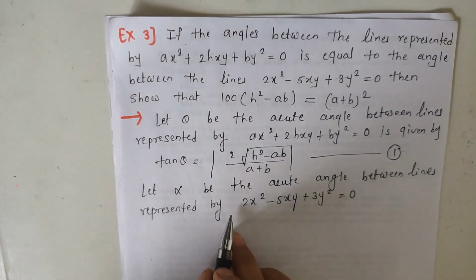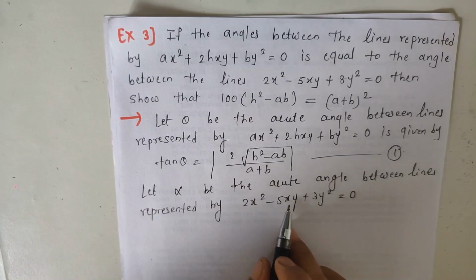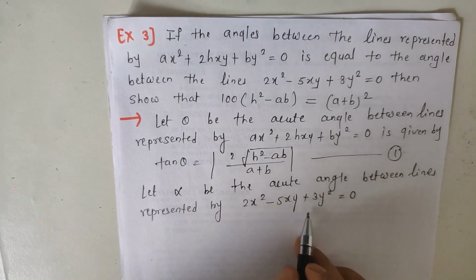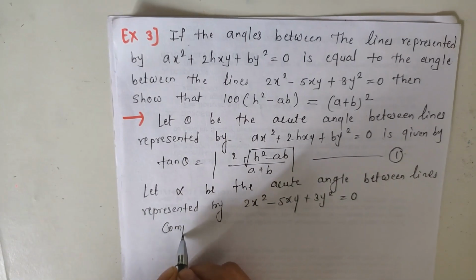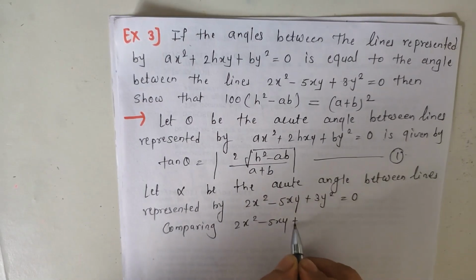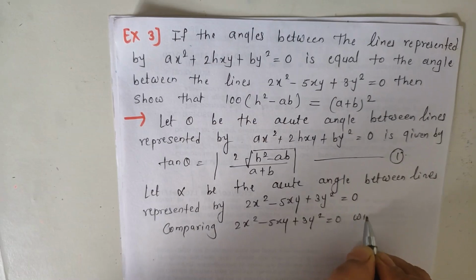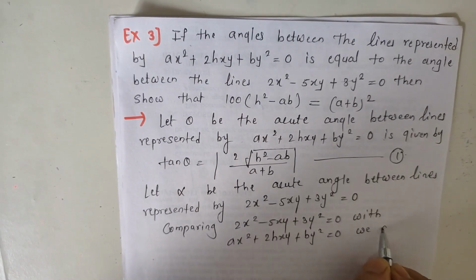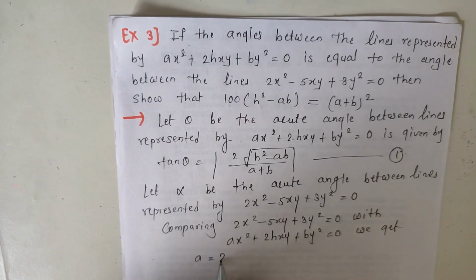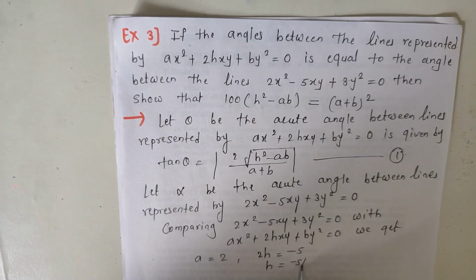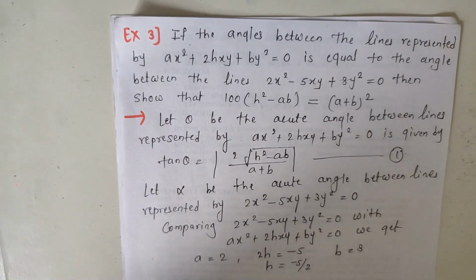Now for finding the values of a, h and b, we have to compare this equation with the homogeneous equation. Comparing 2x square minus 5xy plus 3y square is equal to 0 with ax square plus 2hxy plus by square is equal to 0, we get a is equal to 2, 2h is equal to minus 5, so h is equal to minus 5 by 2, and b is equal to 3.